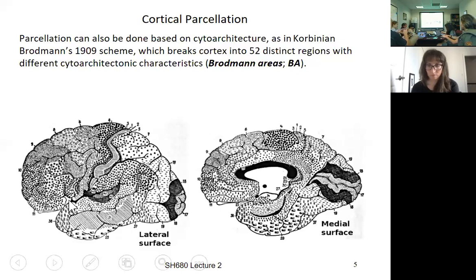The other problem is, if you do an MRI study, you cannot see cytoarchitecture. So there's no way to do an individual specific cytoarchitectonic parcellation. You can do an individual specific parcellation based on sulci and gyri, but you cannot do it based on cytoarchitecture because you cannot see it in the scans.